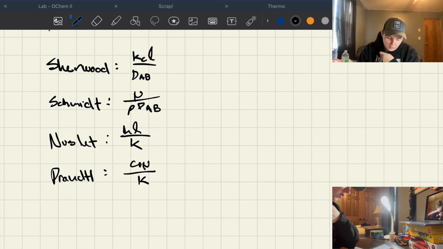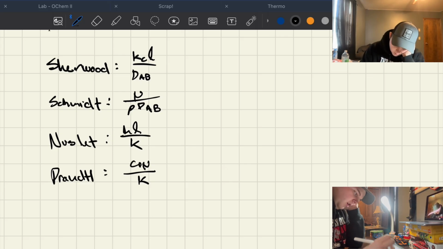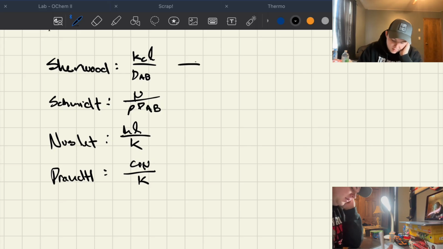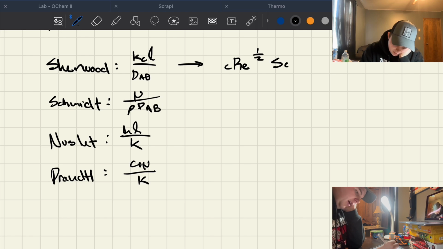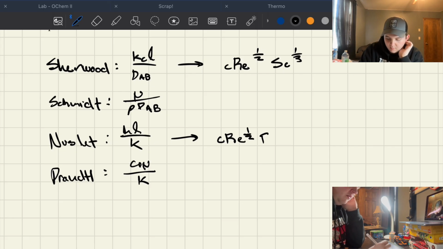Okay, and then we're going to rewrite our Sherwood and Nusselt numbers in terms of our other ones. We're going to write our Sherwood as C times our Reynolds number to the 1/2 power times our Schmidt number to the 1/3 power. And then we can also write our Nusselt number as C times the Reynolds number to the 1/2 multiplied by our Prandtl number to the 1/3.